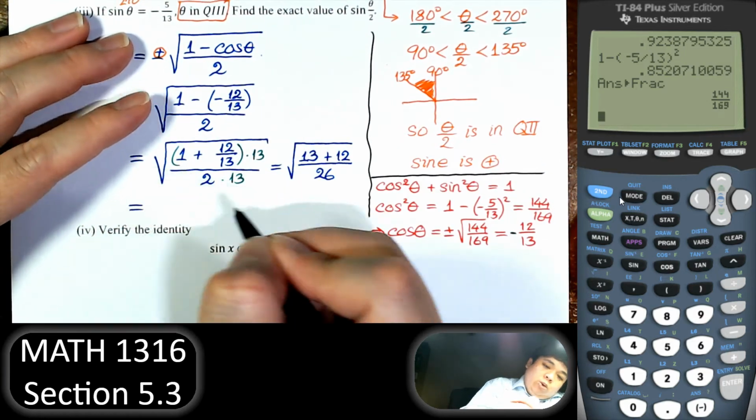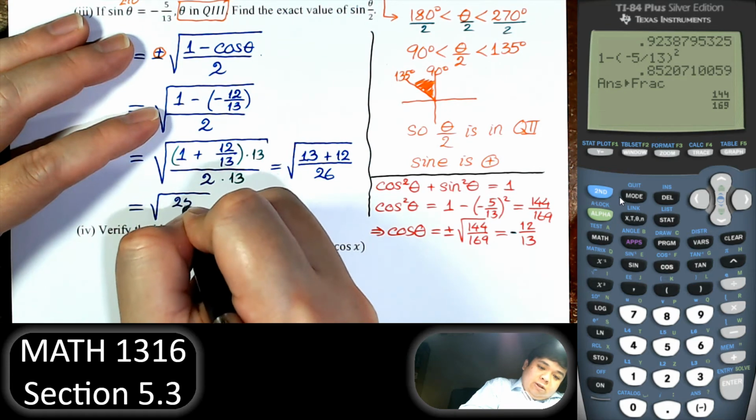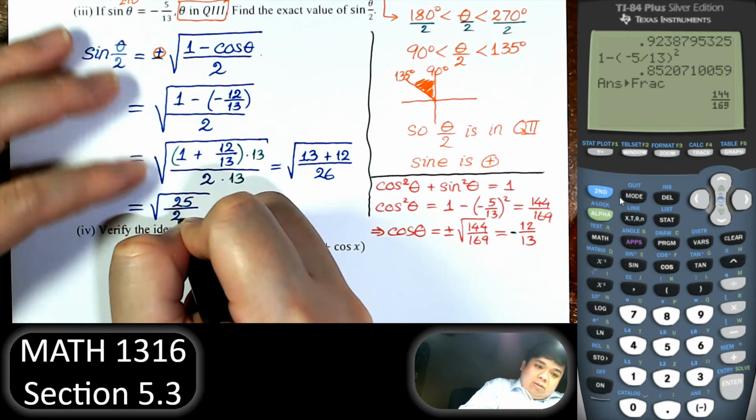So we have square root of 25 on the top and 26 at the bottom.